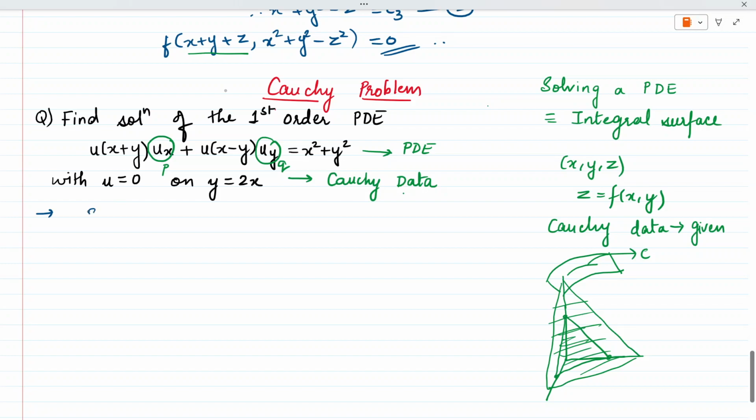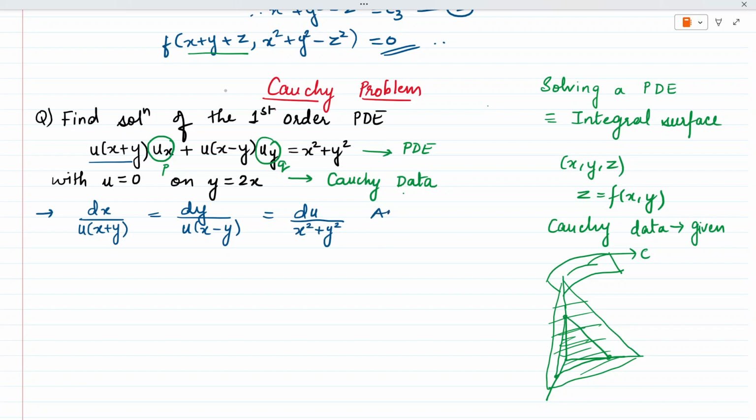In the auxiliary equation, dx divided by capital P, which we get from here, so u times (x plus y), dy divided by capital Q, so capital Q over here would be u times (x minus y), and du this time, not dz, divided by x square plus y square.